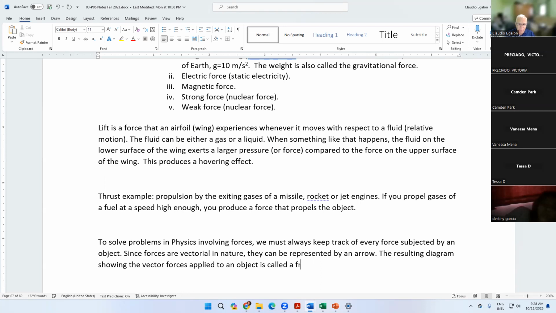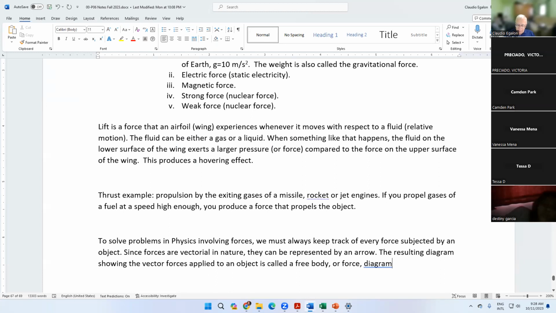No, not force diagram, free body diagram. Free body or force diagram. You must become familiar with this type of diagram.